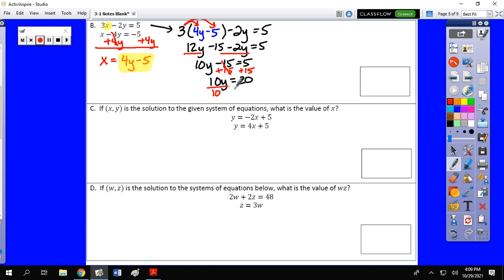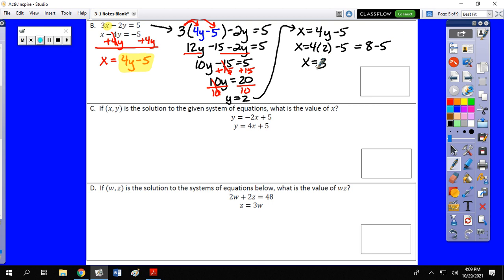And then divide by 10 gives us y equals 2. We take that y equals 2 and we plug it into the 4y minus 5. So x equals 4 times 2 minus 5, which would be 8 minus 5. So x is equal to 3. Meaning our answer is 3, 2.